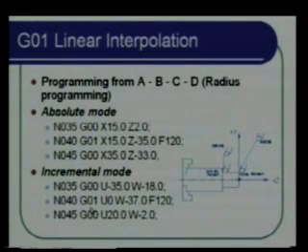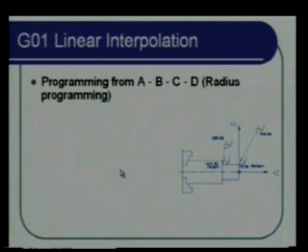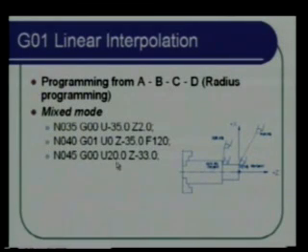Then from there G01, U, because your X is not changing, therefore U0, you don't even have to give this U0, you can omit that. Then W minus 37, whatever that is, and then the feed rate, and again you can do that. So you can use either absolute or incremental programming the way that you want. If you want to change the sequence, mixed mode also you can do. So you can use absolute, incremental or mixed mode.